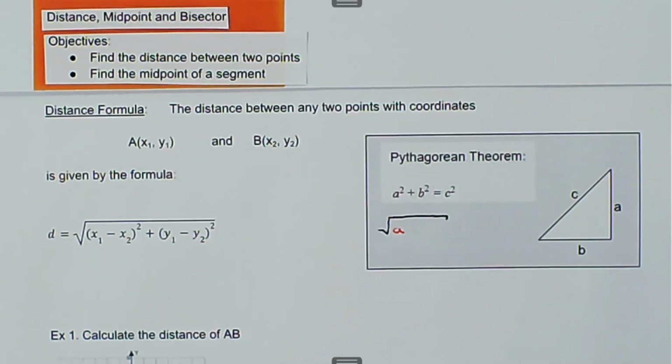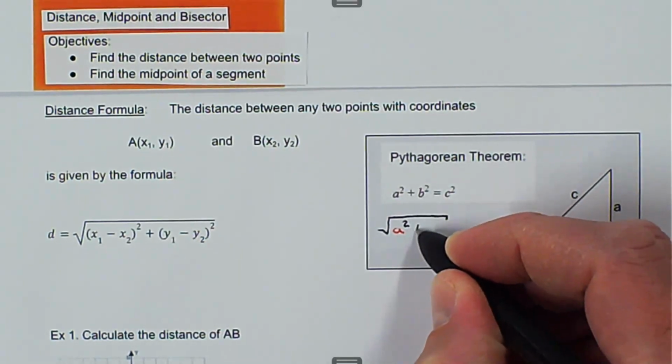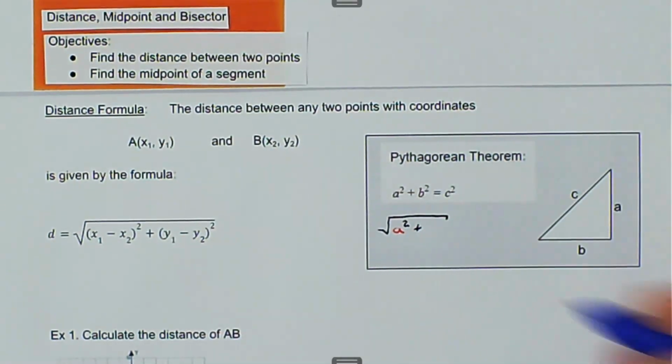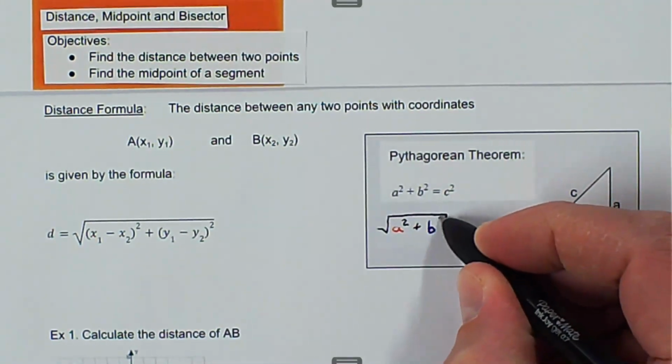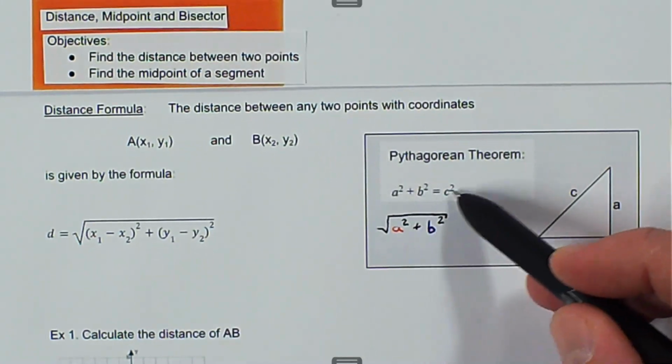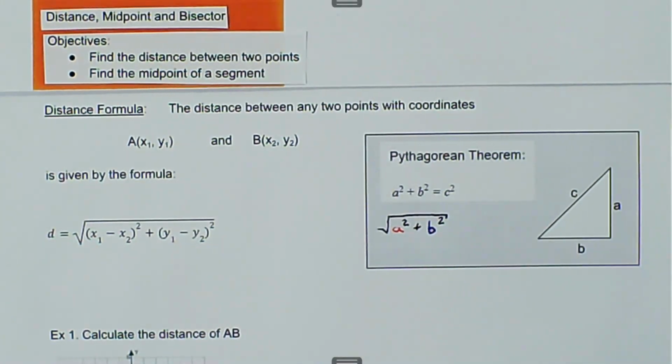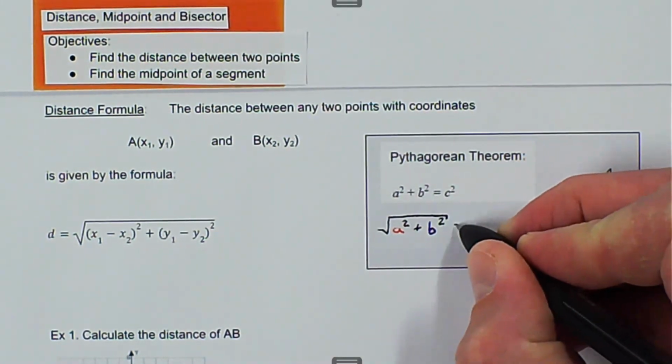So we take the square root of the left side, and we would be left with the quantity a squared plus the quantity b squared. And we know that if we take the square root of this side, we would just be left with c.